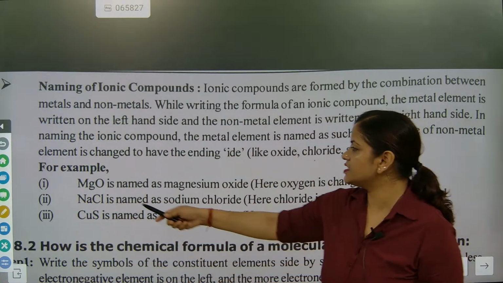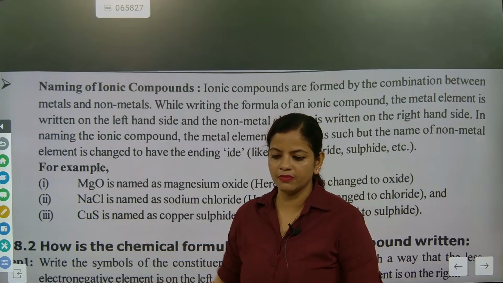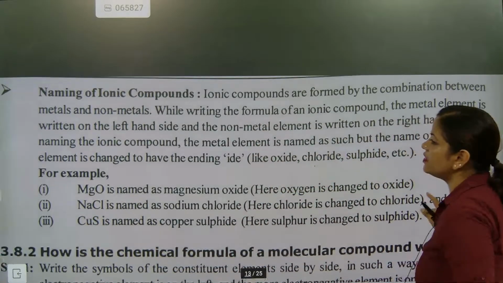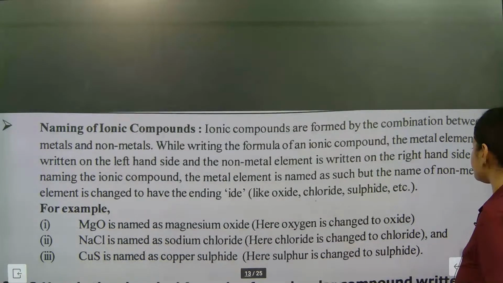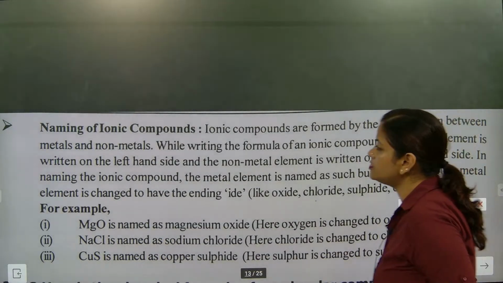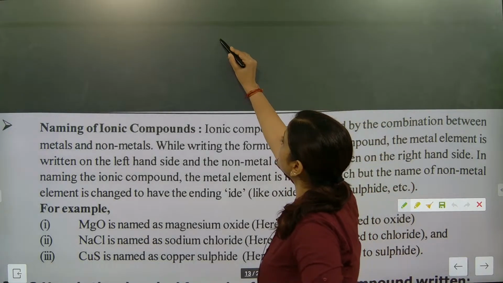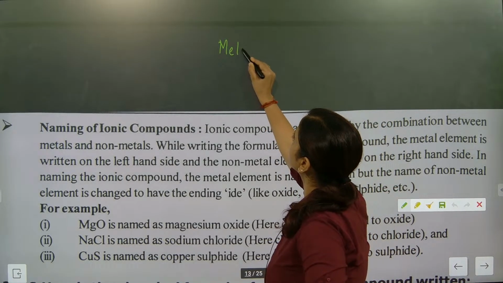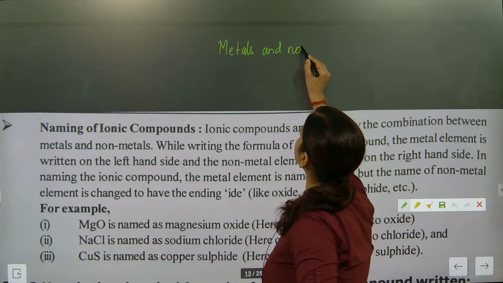You see, on the left side is magnesium. Magnesium is a metal. Oxygen is a non-metal. So we have learned some very important things about ionic compounds. Ionic compounds are formed between metals and non-metals.